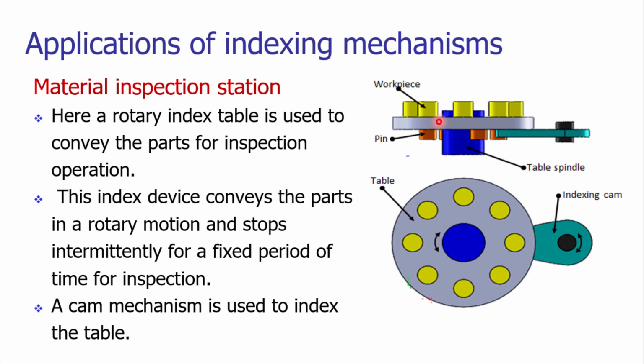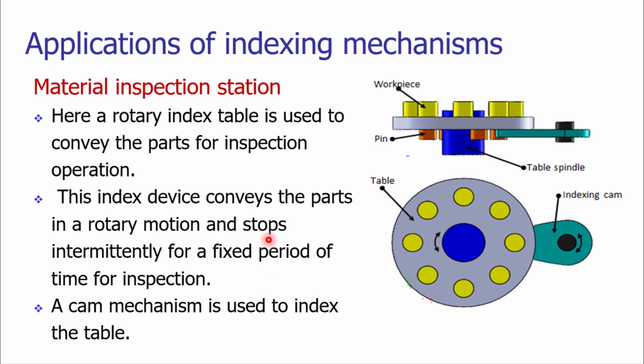The inspection may be of the geometry of the work part or the surface quality of the work part, or it may be the mechanical testing of the work part as well. So by having the intermittent rotary motion, we can carry out the 100% inspection of the work parts.